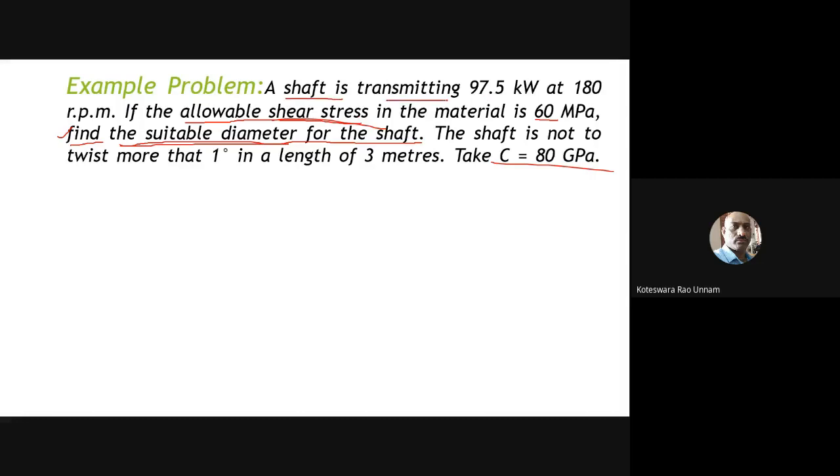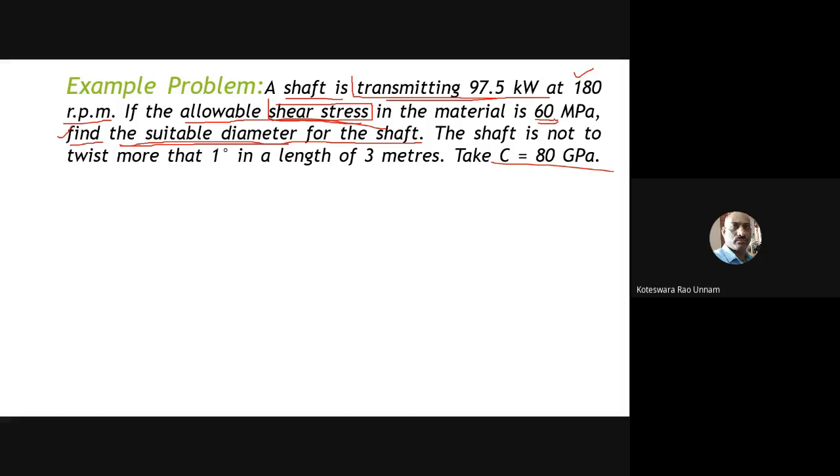It is transmitting a power of 97.5 kilowatts at a speed of 180 RPM. RPM means revolutions per minute, so we'll call it the angular speed. While transmitting this power at the given speed, the torsional shear stress should not exceed 60 MPa.